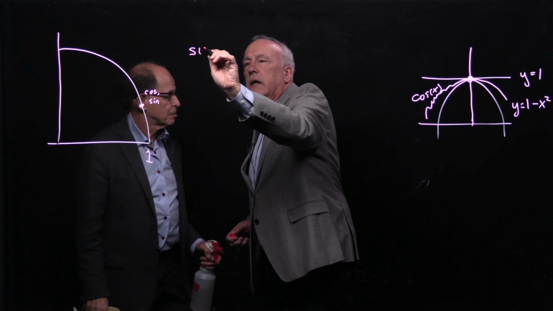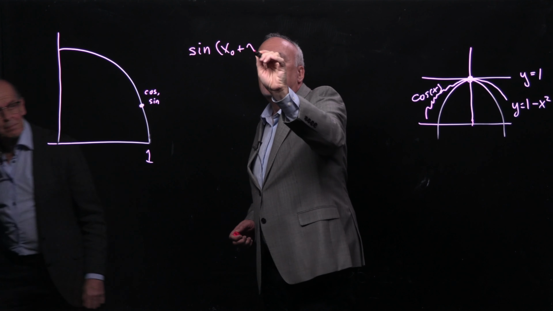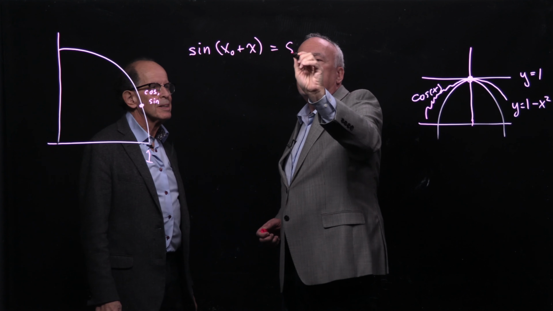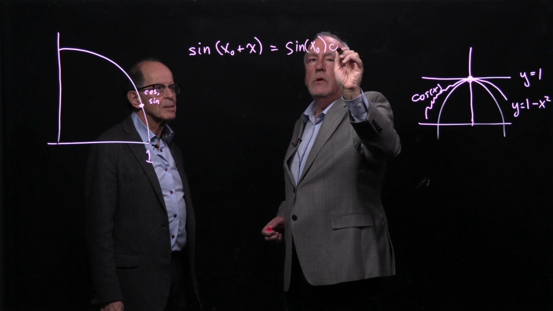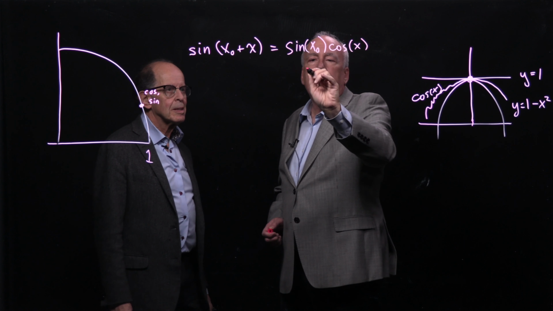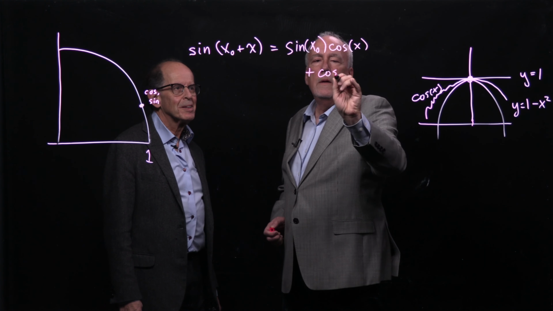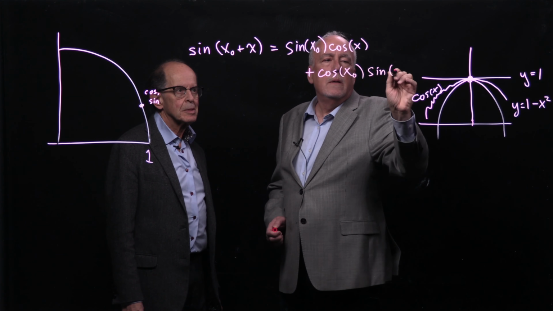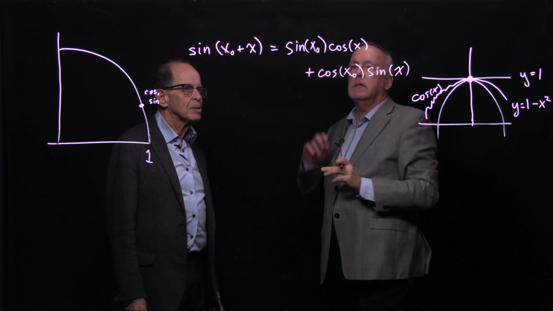If you take the sine of x0 plus x, because we want to figure out what the derivative is at a different place, this is sine of x0 times cosine of x, and I add to it cosine of x0 times sine of x. And x is small in this case.